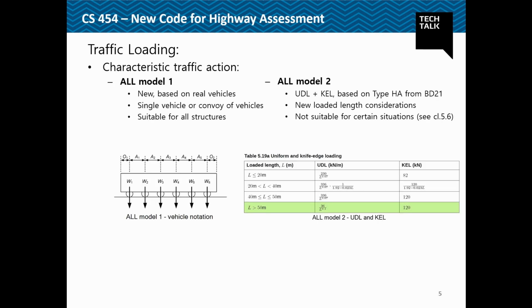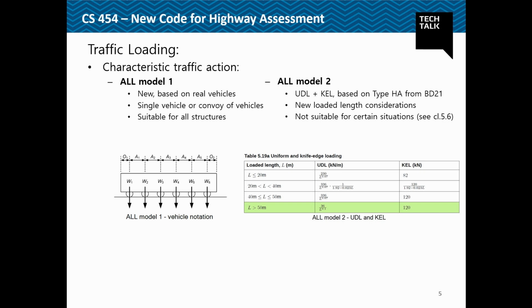In terms of traffic loading, this is where the new code CS454 brings a couple of changes. In the new code, for the characteristic traffic action, we have 2 different models that we can use compared to BD21 where we had the type HA loading. So in the new load models, we have the AOL Model 1 and AOL Model 2.